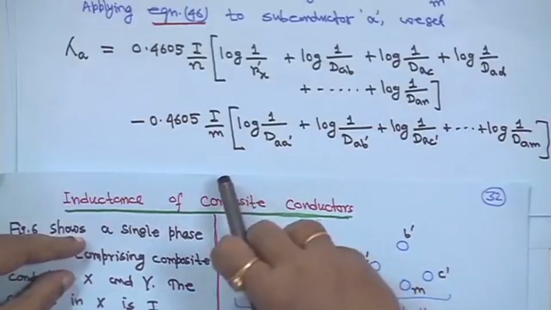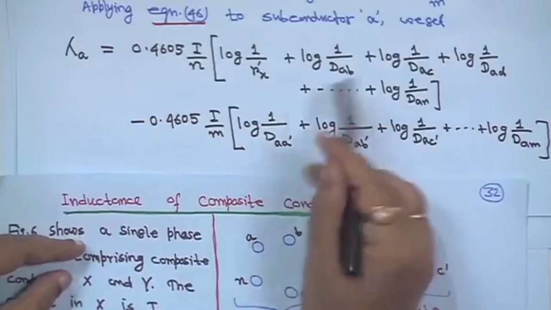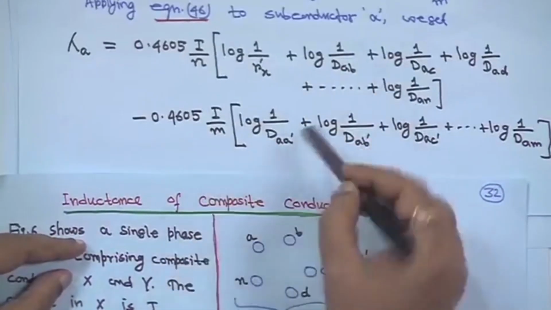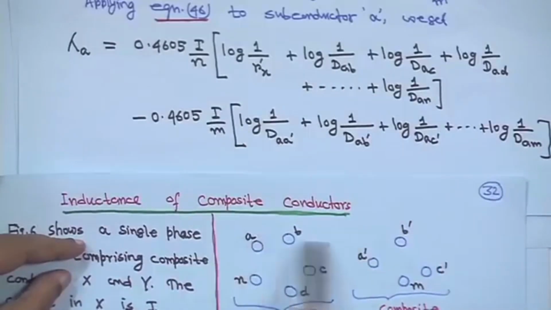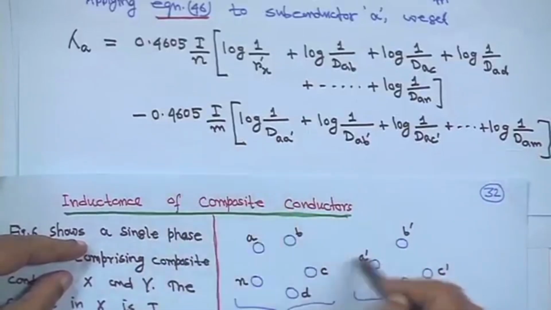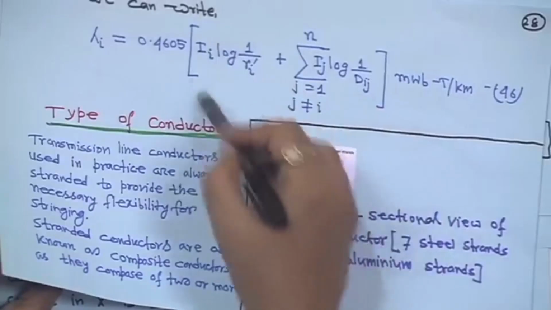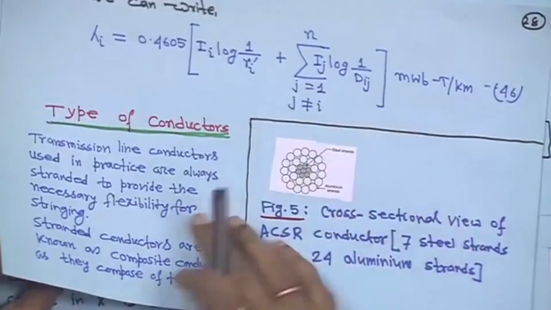So this is within the group, and this is between the groups. The first term is all like this, the second term is only daa dash, dab dash, dac dash up to dam dash, with a minus sign because this is the return path.